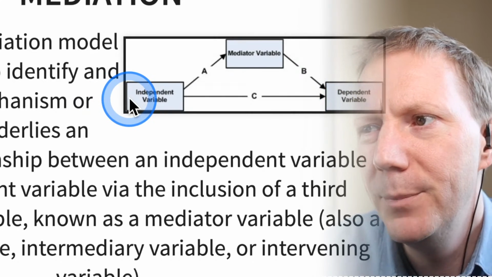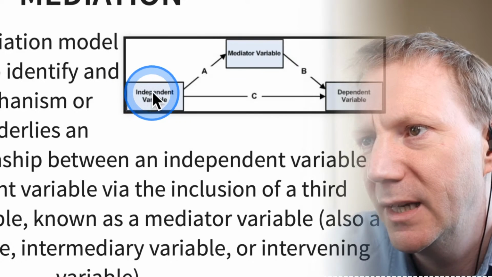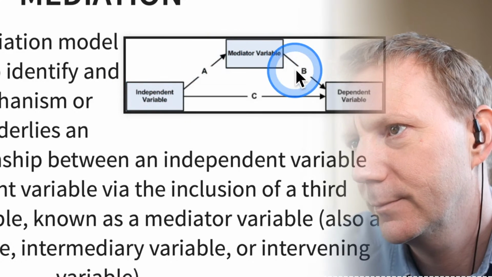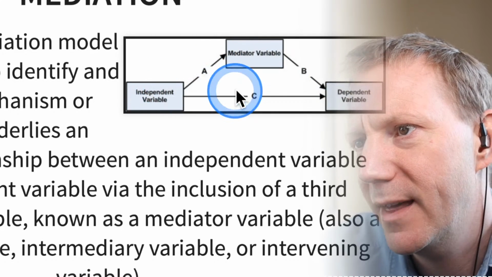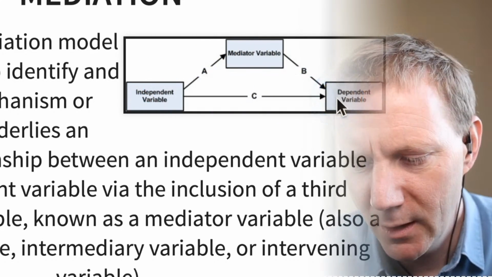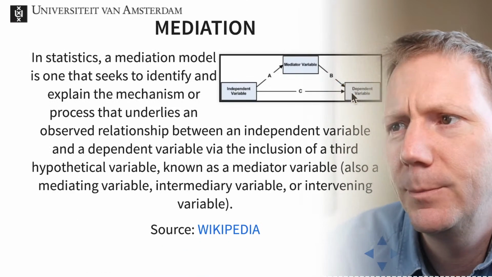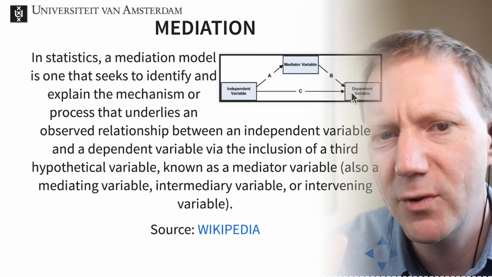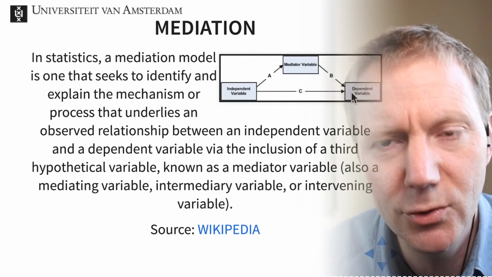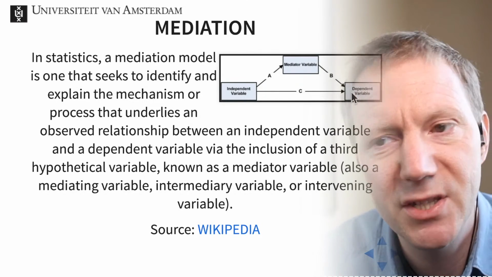So mediation analysis is about seeing if this relationship, this one, is stronger than this one. And that sounds a bit vague. So we have to try to see what we need to do to operationalize the strength of this effect.